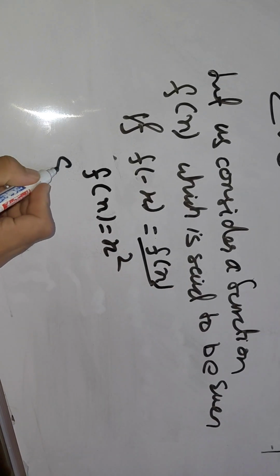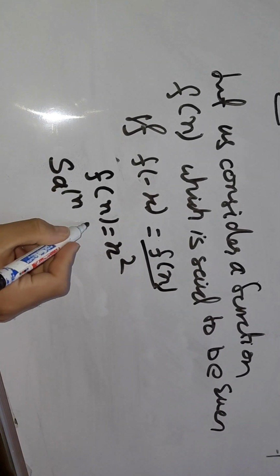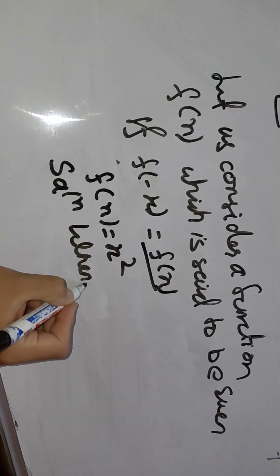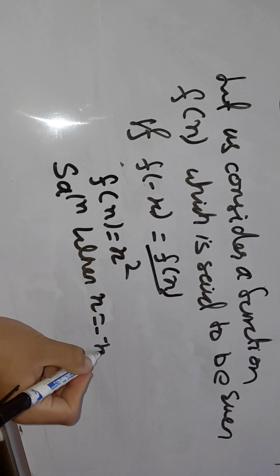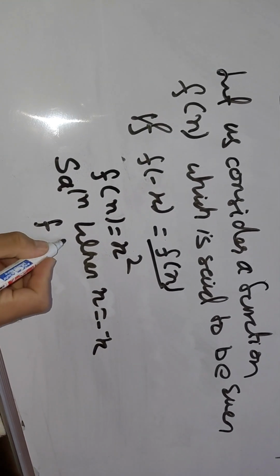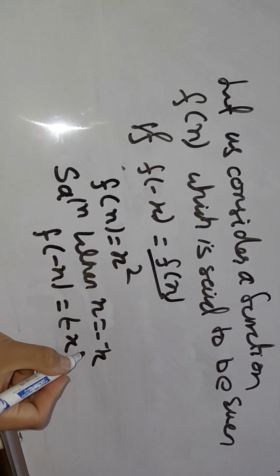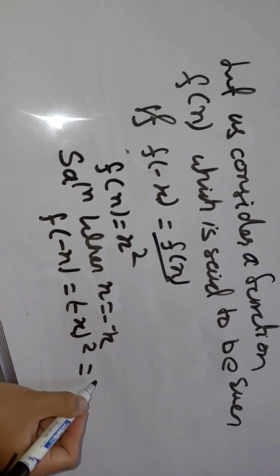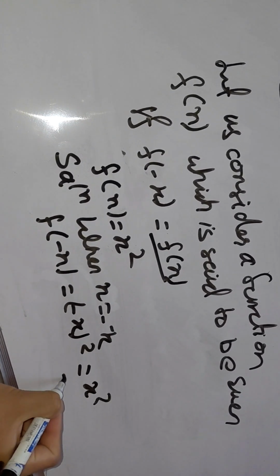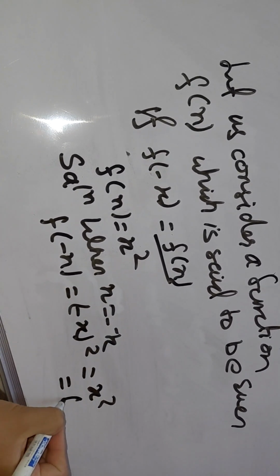Okay, solution: when x is replaced by minus x, f of minus x equals (minus x) whole squared, which is again what? x squared. And that is f of x.